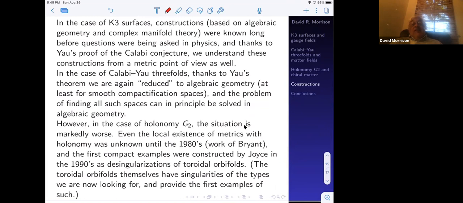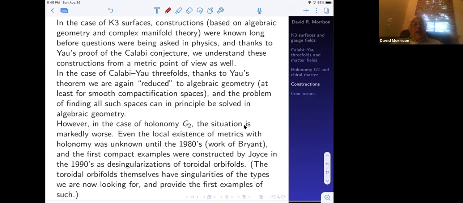The local existence of metrics with that holonomy was unknown until the 1980s, in some work of Bryant. And the first compact examples were constructed in the 1990s as desingularizations of toroidal orbifolds.